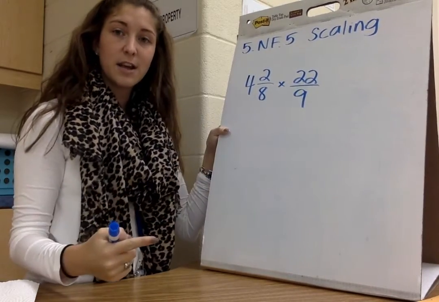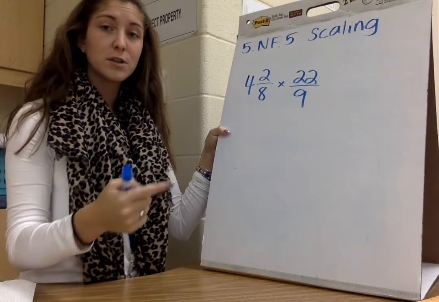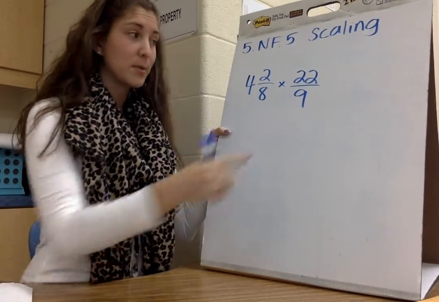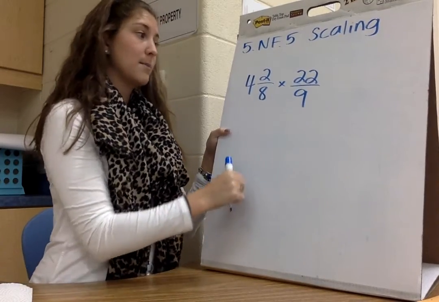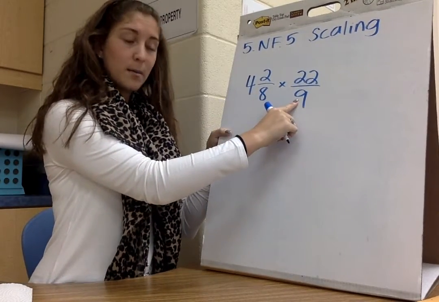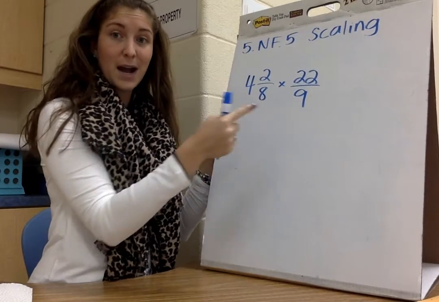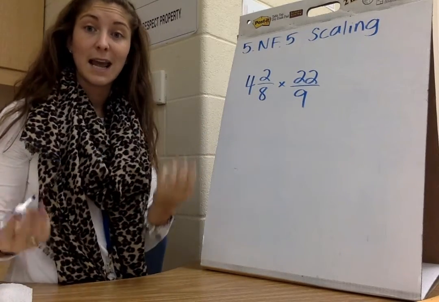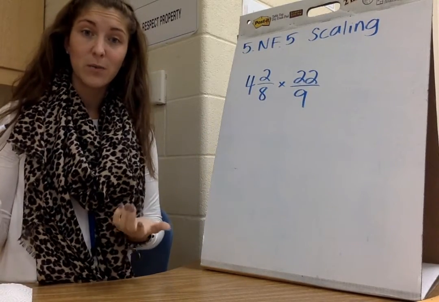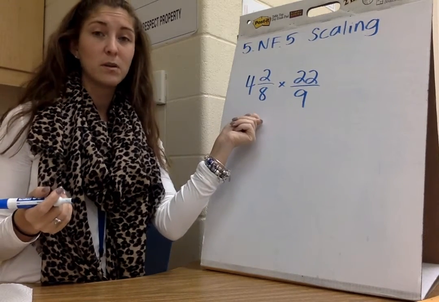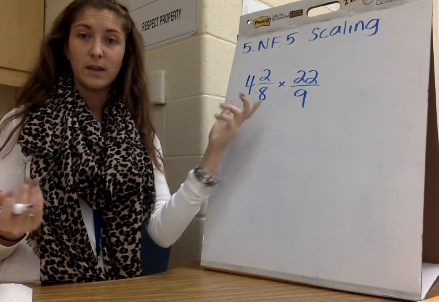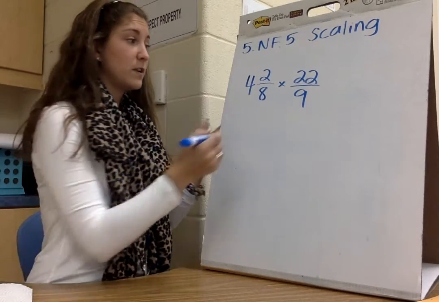We said yesterday that an improper fraction could also be called a mixed number because I could make this number into a mixed number. Anytime I multiply a mixed number by an improper fraction or by another mixed number, I'm going to get an answer that is bigger than what I started out with. So the question is, will the product be more or less than 4/2? We can still solve it out to figure it out.